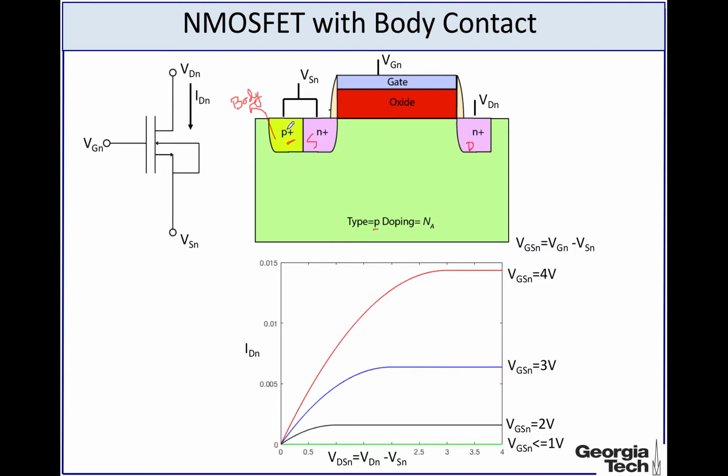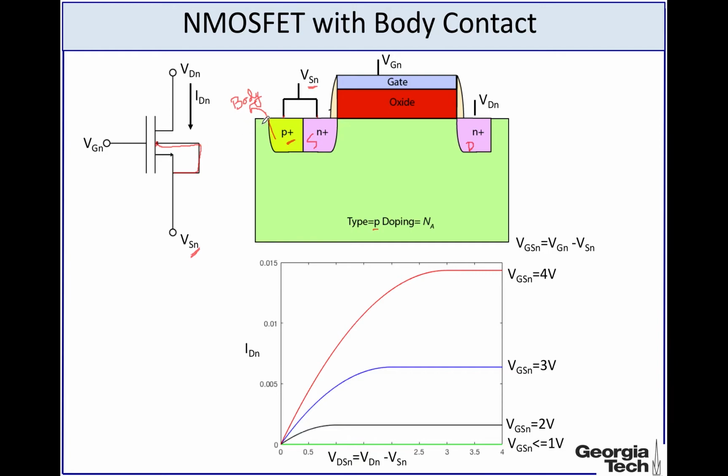You will also note that this body and the source are shorted, and this voltage is what we call VSN. N stands for N-type MOSFET, and the fact that they're shorted is shown by this connection over here.